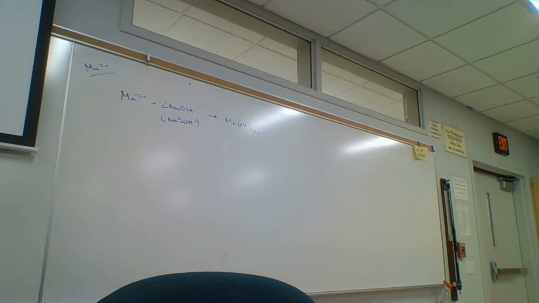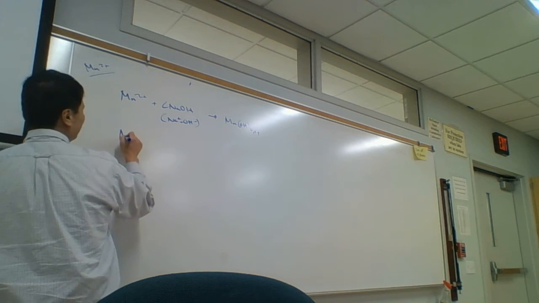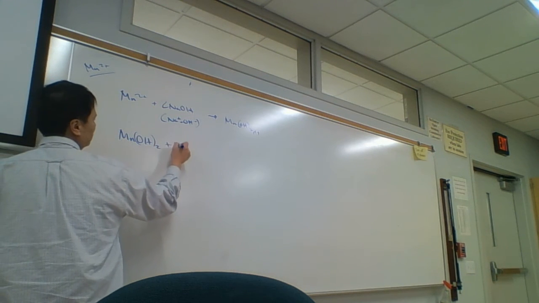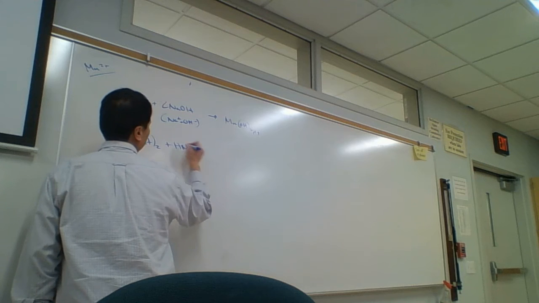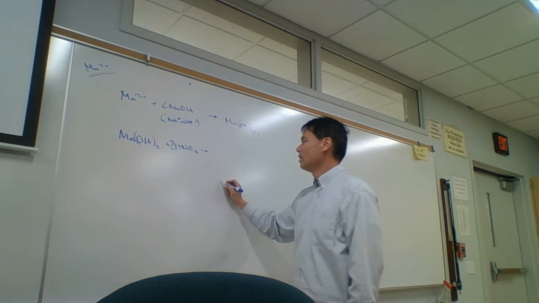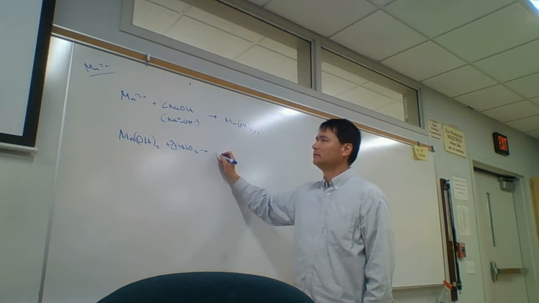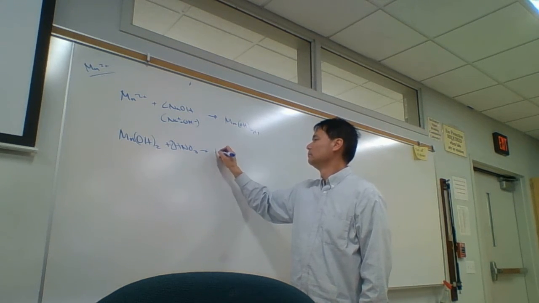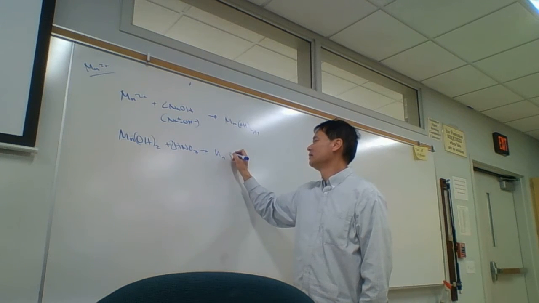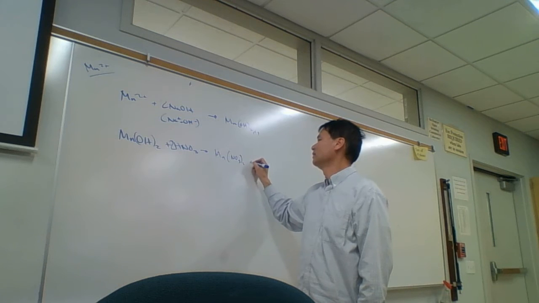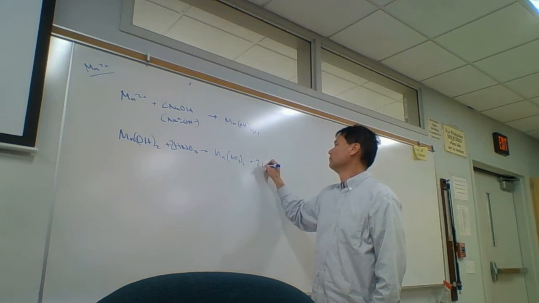To this light brown precipitate, in the next step, we're going to add nitric acid, 2 of those. And so this is going to form what? Manganese nitrate, manganese 2 nitrate, and water, 2 waters.